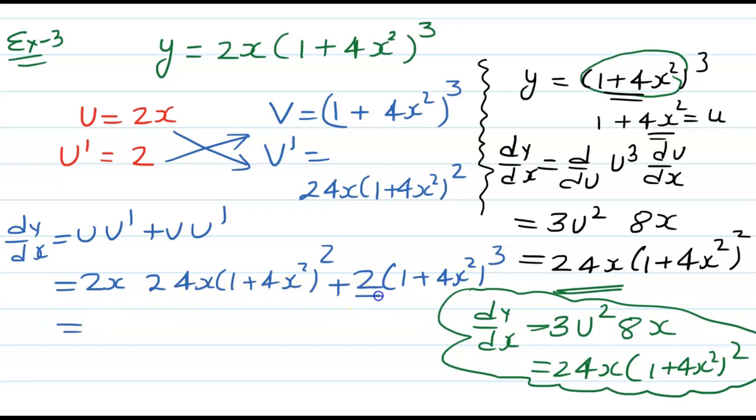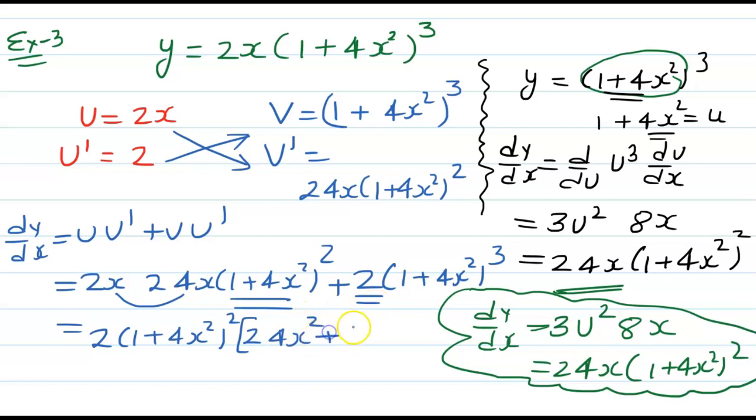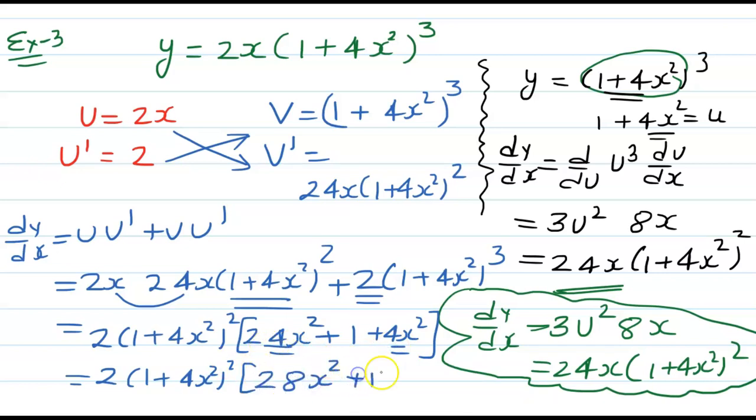We can take common this 2 and 1 plus 4x squared whole squared outside. What is left here is 24x times x, so 24x squared, and here only 1 plus 4x squared is left. So your final answer is 2, 1 plus 4x squared whole squared, 24x squared plus 4x squared, that is 28x squared, plus 1.